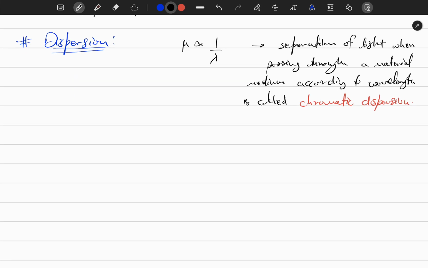chromatic dispersion. Okay, so if the light is incident normally, that is angle of incidence is 0, the blue light merely lags behind the red light.